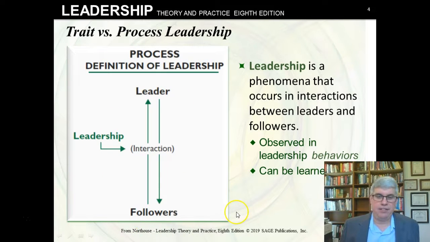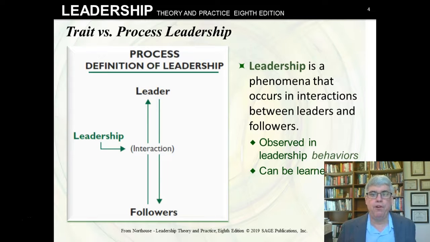And so leadership is something that's observed or something that's done, and it also means that leadership can be learned. It's not necessarily innate, though certainly some innate characteristics will help people be leaders more effectively than those who don't have those traits.